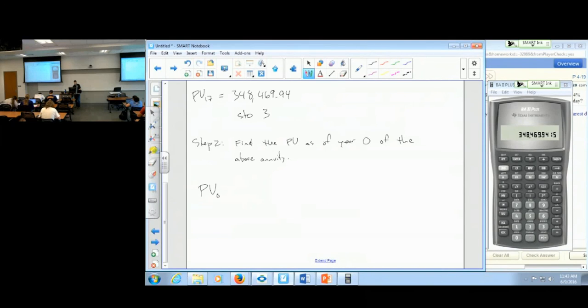So I want to find the present value as of time period 0. Now it's just a lump sum, so I'm going to take the future value, which is end of year 17, and divide by 1 plus my interest rate, raised to n, where n is again the number of periods. This is what you did all through chapter 3.